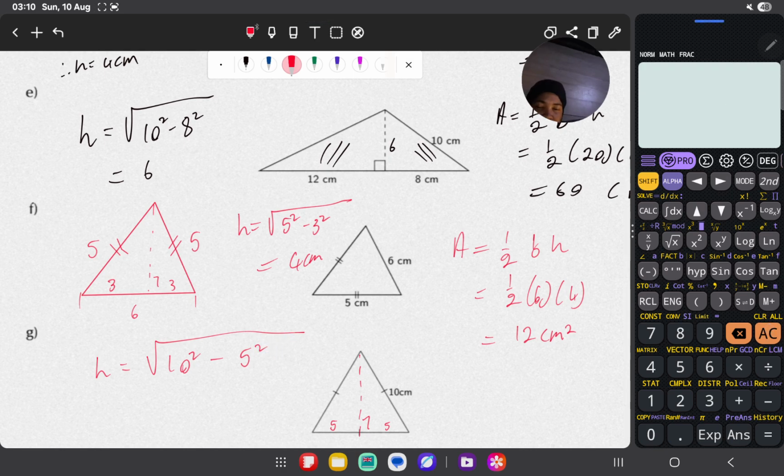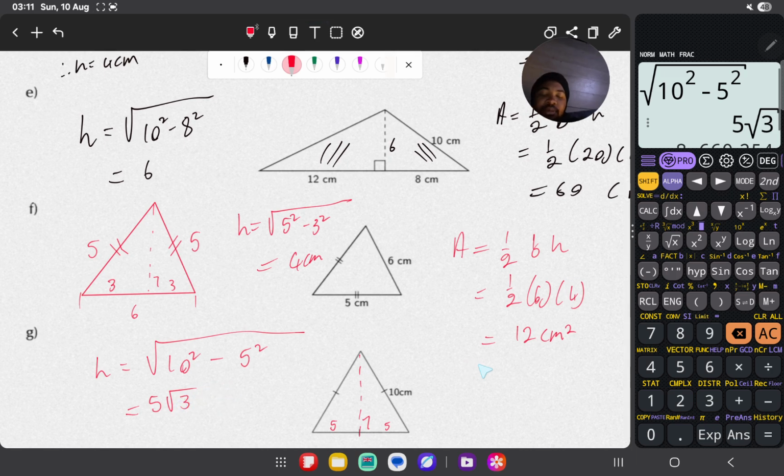It's 100 minus 25, 75. The answer is going to be 5 square root of 2. No, 5 square root of 3. I bet that is the answer. Let's see. 10 squared minus 5 squared. 5 square root of 3 it is.